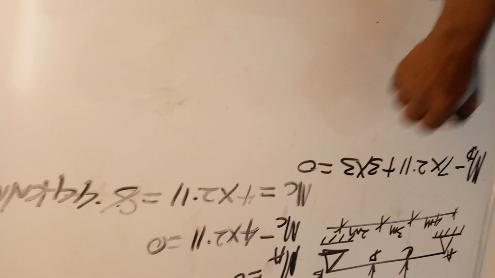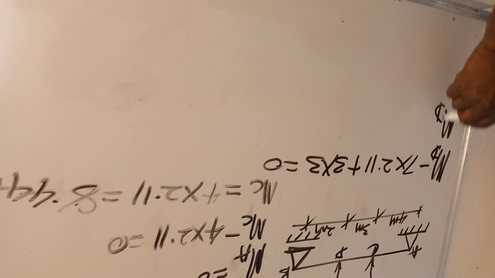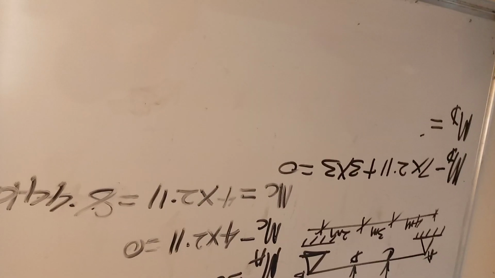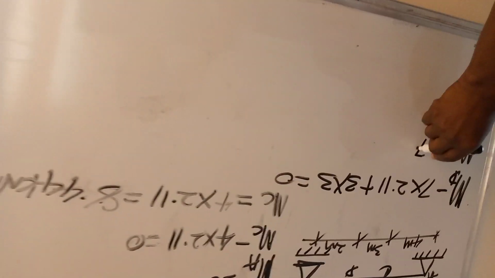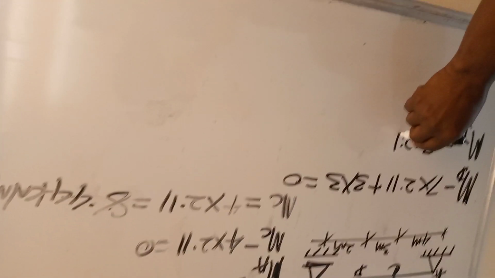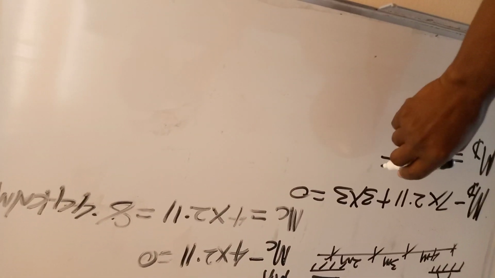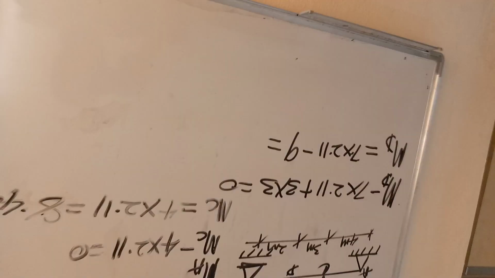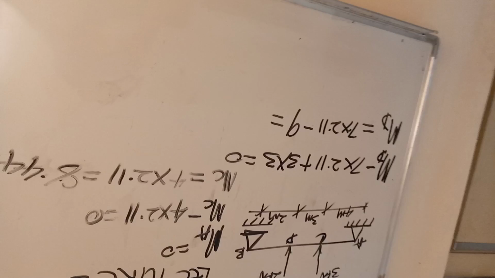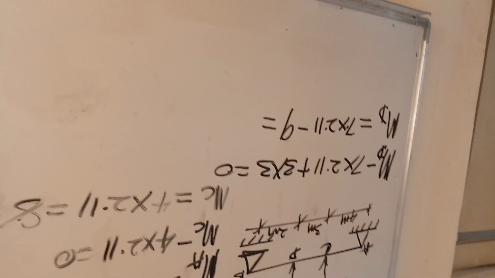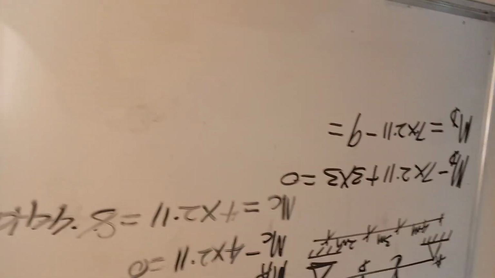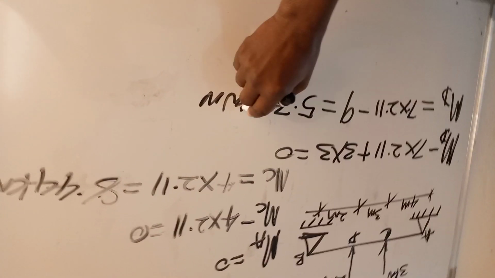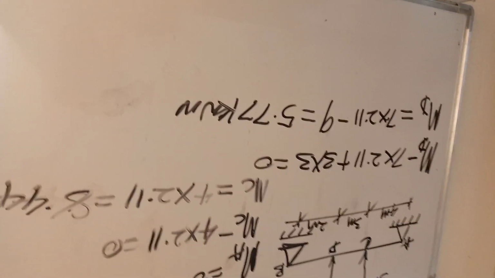That means MD is equal to 7 times 2.11 minus 3 times 3, that's minus 9. The moment at D is equal to 5.77 kilonewton meter.